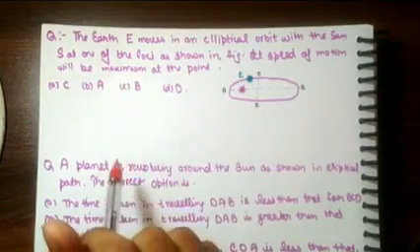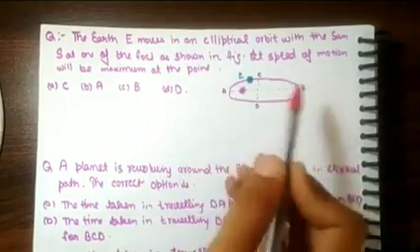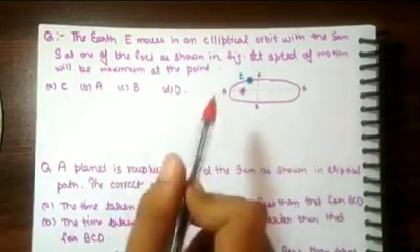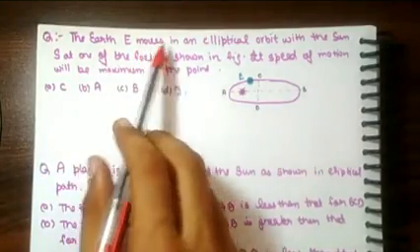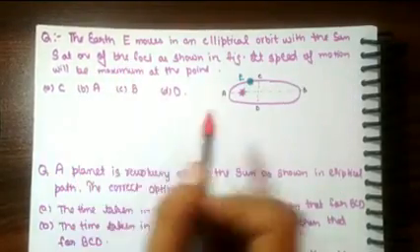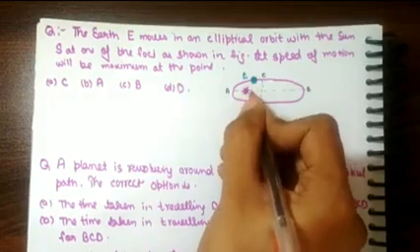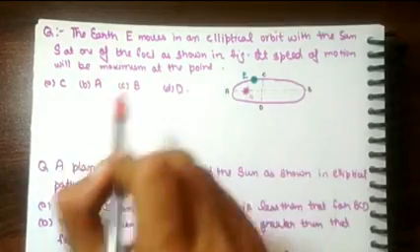So we have done this thing in our box which I told you. So by using that we are going to easily solve these questions. The question is saying that the Earth E moves in an elliptical orbit with the Sun S at one of its foci. So let us say it is the Sun and it is present at one focus as shown in the figure. Its speed of motion will be maximum at the point.